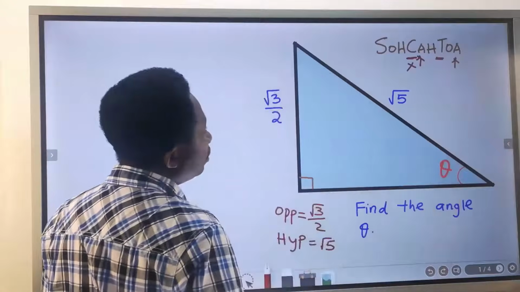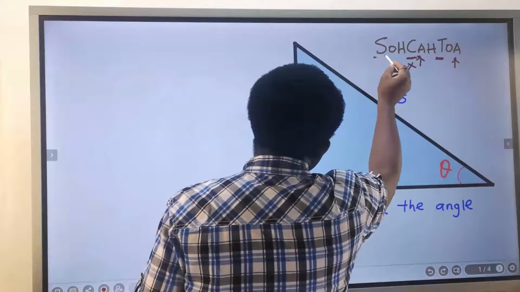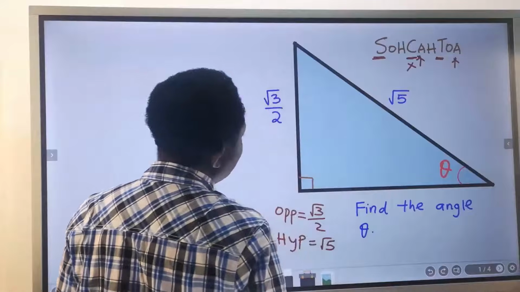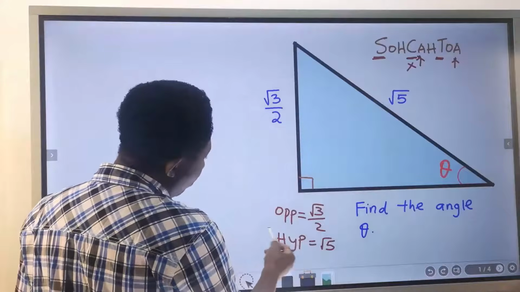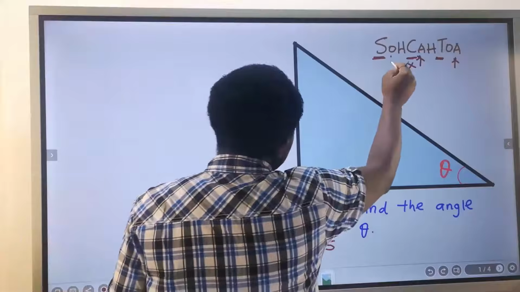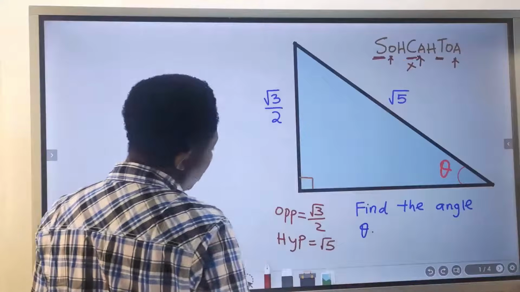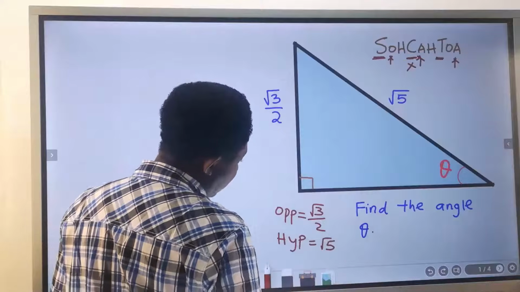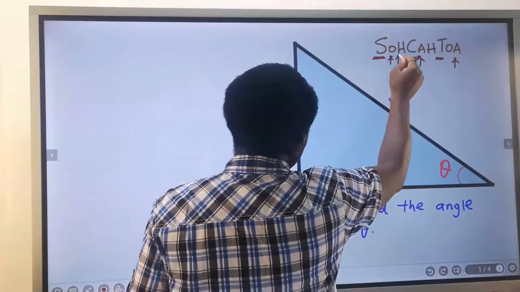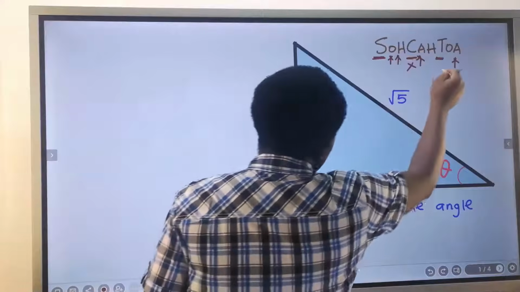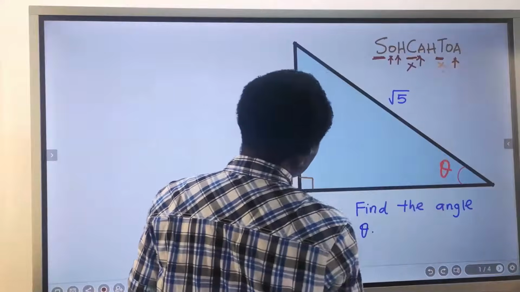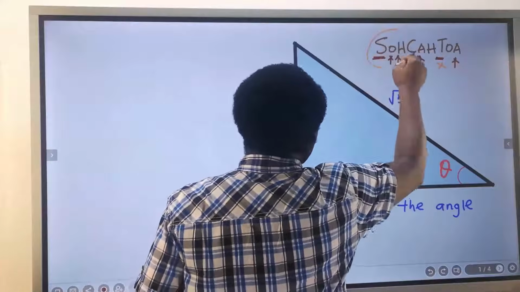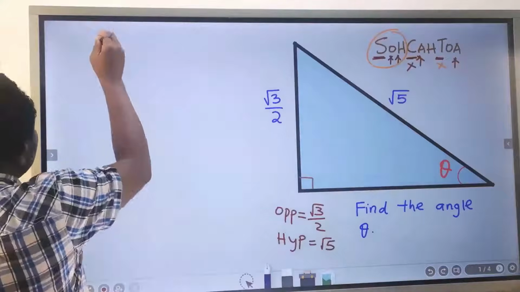I will not use tan. I will go for sine of the angle because it has opposite and it also has the hypotenuse here. I will go for the sine of the angle.